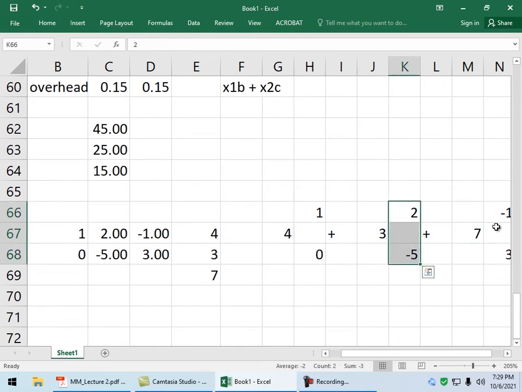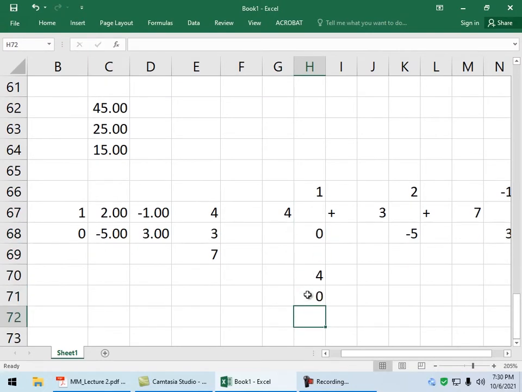And now we calculate the product. 4 times the first column, this will be 4 and 0, obviously. 3 times 2 and -5, there will be 6 and -15. And the last one, 7 times -3, -1, and 3, this will give us -21, -7, and 21. And we add all these things.